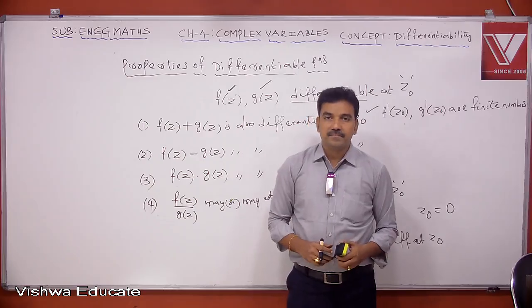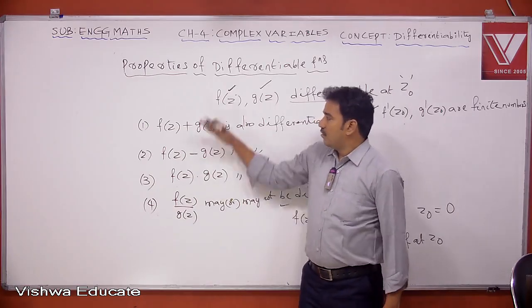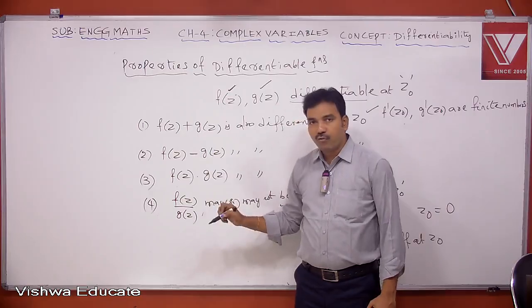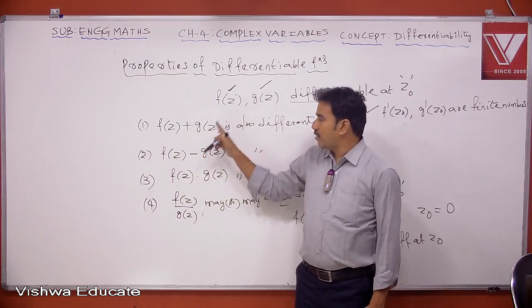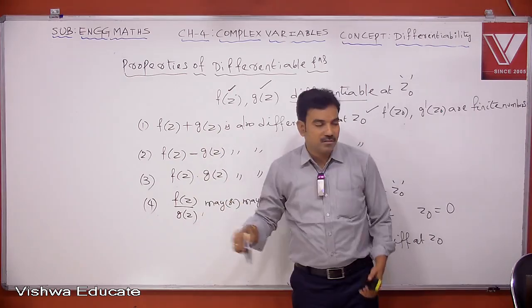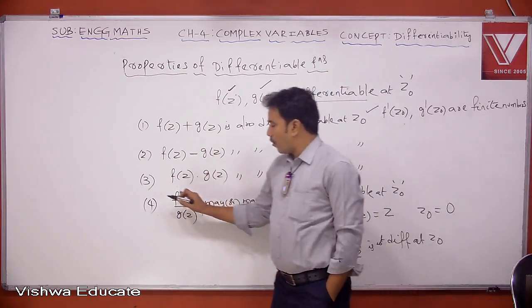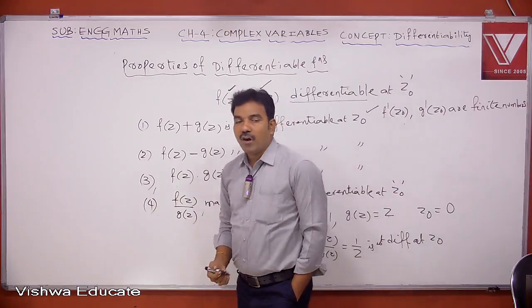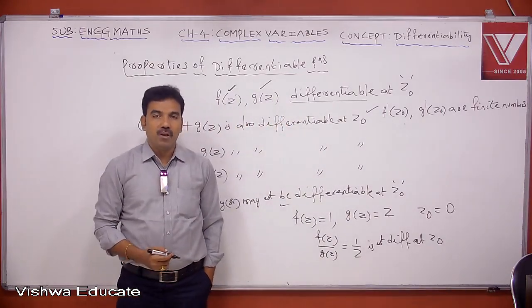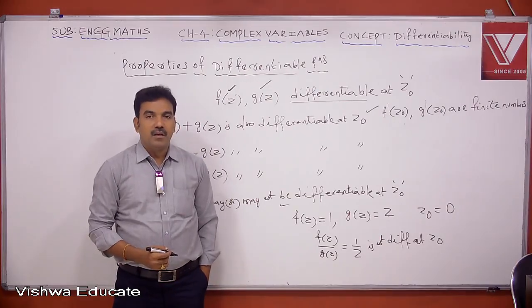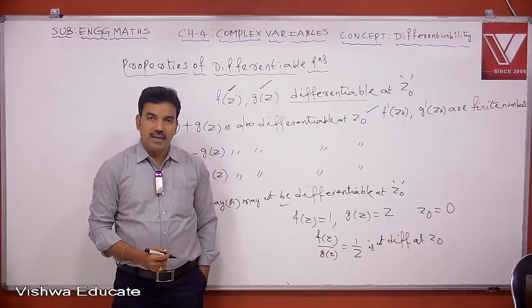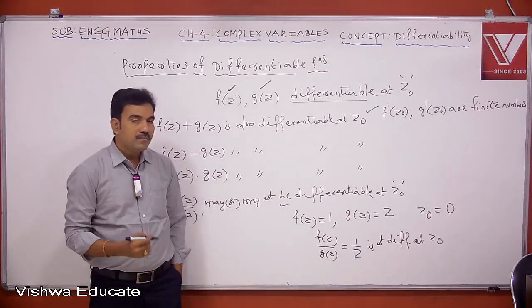Then write all the properties 1, 2, 3. I will tell you point number 4. So for the time being, write property 1, property 2, property 3: sum, difference and product. Property number 4: f of z by g of z may or may not be differentiable at z0. Counter example.